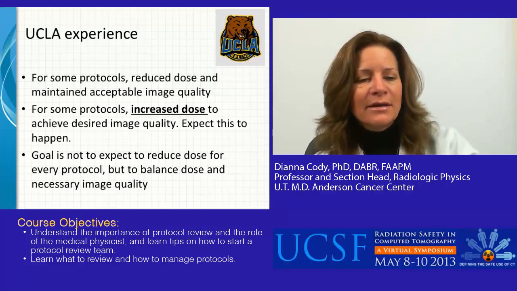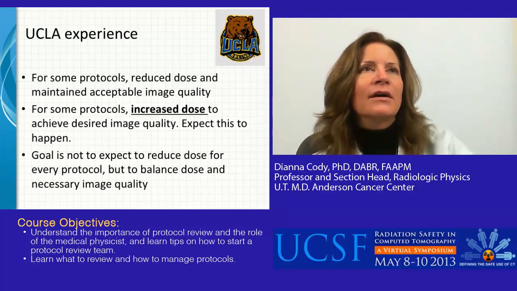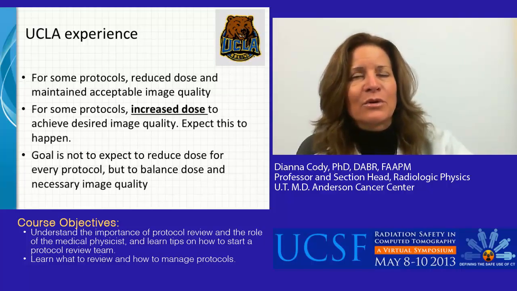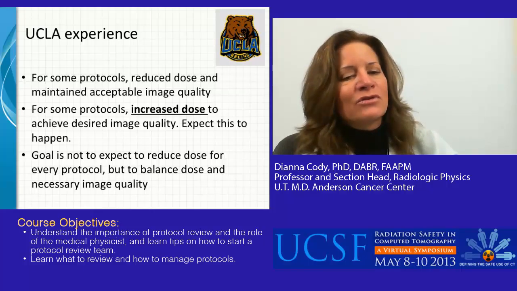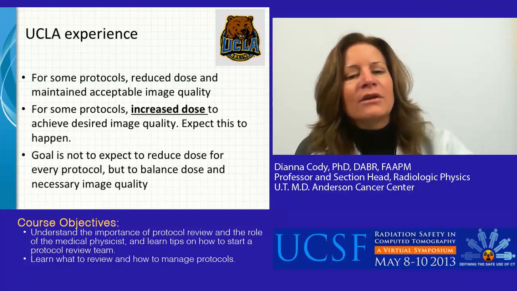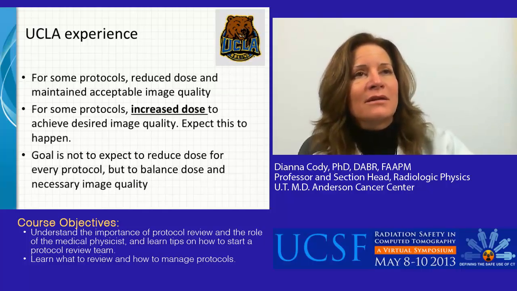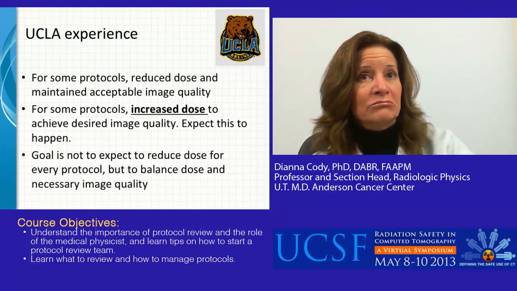From UCLA, they decided that the inventory of protocols approach was better. As they went through this review process, they realized that for some protocols, they could reduce dose and maintain acceptable image quality. This is a good thing. This is what we all hope to get.